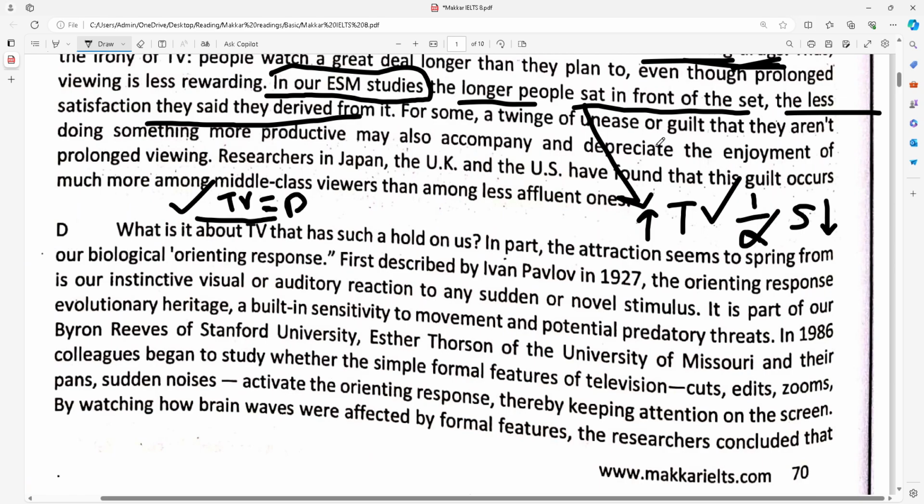They're talking about guilt. Okay, so they're talking about middle class viewers, and they're also talking about less affluent ones. So this is synonymous language given for the poor people. So here let me mark here separately.